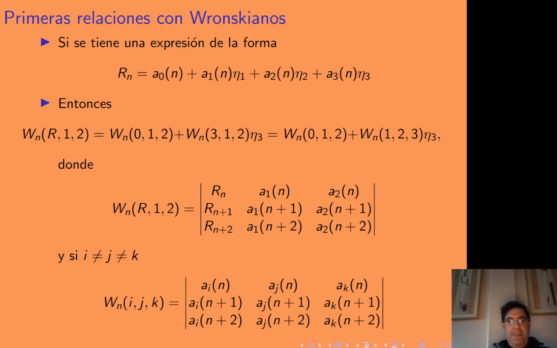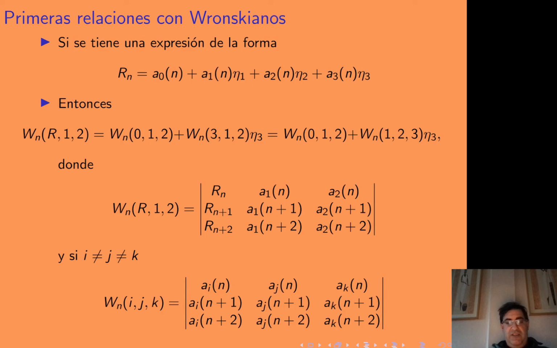Then what I want is to obtain a rational approximation of eta 3, and I want to cancel these two terms. What I need to do is to apply the Wronskian of R, A1 and A2. This Wronskian is defined like this. So you have Rn, A1n, A2n. R is, let's say, the remainder, and then A sub 1 and A sub 2.